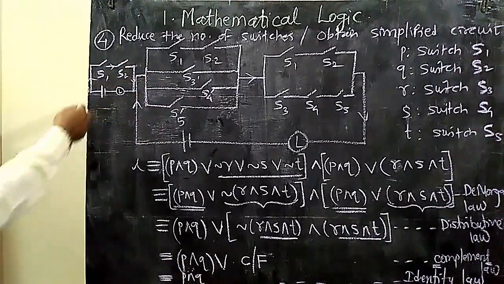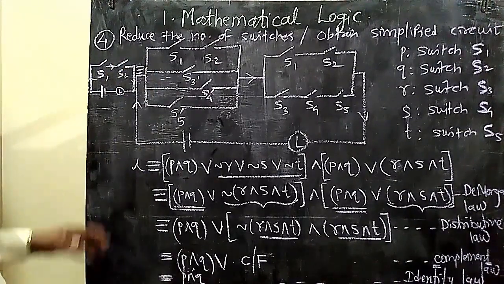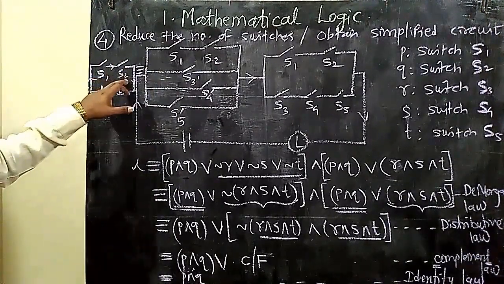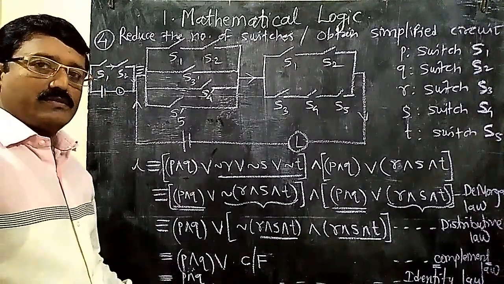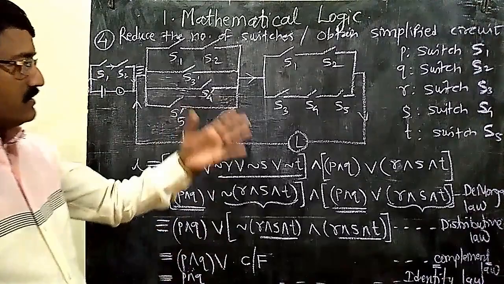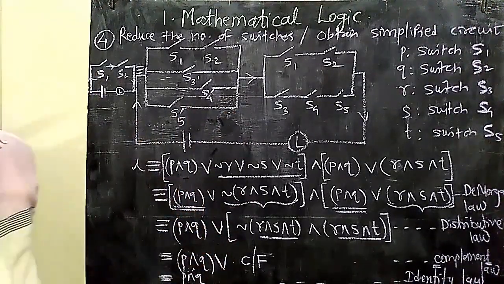So this will be the simplified or equivalent switching circuit, which is very simple, where these two switches S1 and S2 are in series because we get P conjunction Q. So this is the way of giving the answer to such a large question.